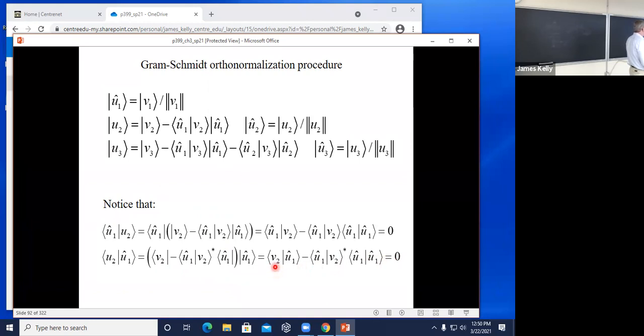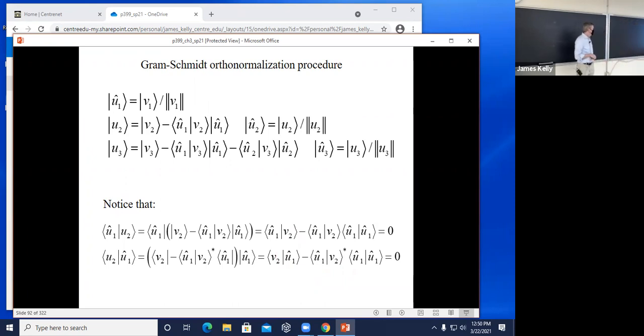And I have a V2 inner product U1, and here I have a U1 inner product V2 star and a U1 inner product U1, or this one's going to be 1 again. But the inner product gets a complex conjugate when you take it in the reverse order, and therefore these two things will exactly cancel out in the same way. It's just not as trivial of an argument.